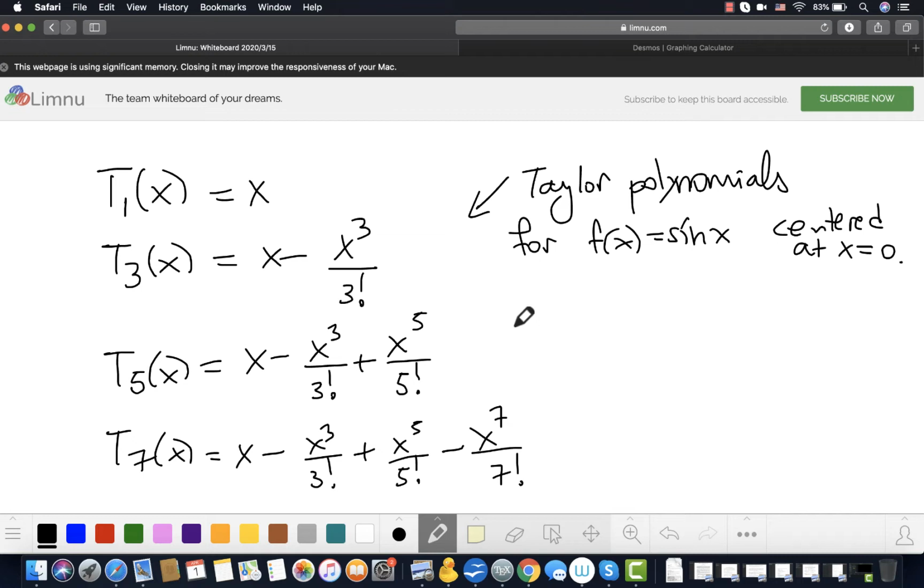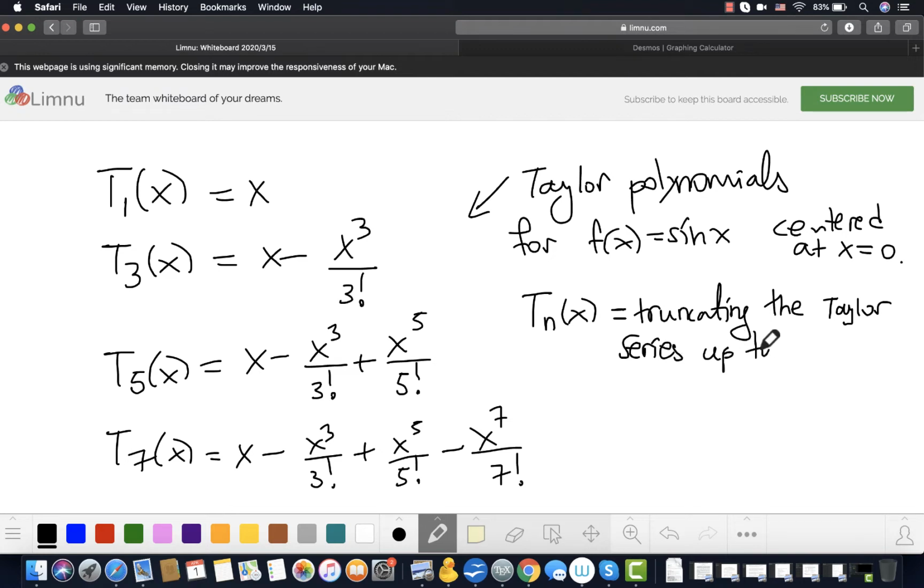Okay, so this notation, right? T sub n of x, what this means is that we're truncating the Taylor series up to and including the term with x to the n.